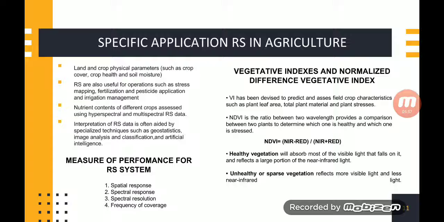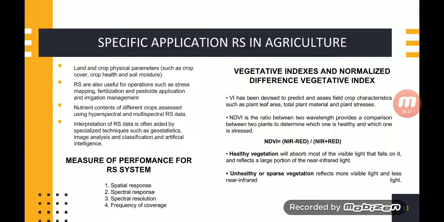And NDVI is another product from VI that is very commonly used in remote sensing. By definition, NDVI is the ratio between two wavelengths, which provides a comparison between two plants to determine which one is healthy and which one is stressed.